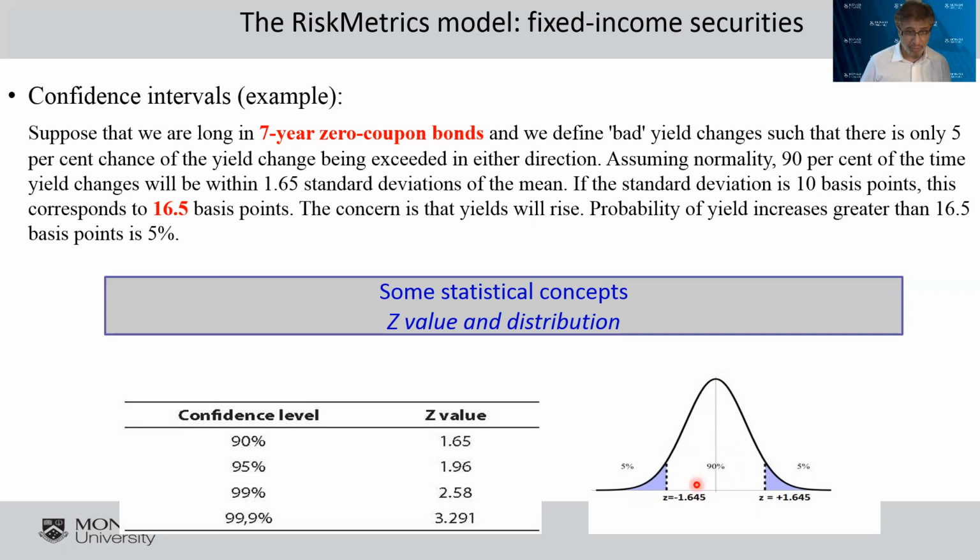So the z-value will be on the left, which is minus Z, or on the right, which is plus Z. And we are talking about 90% confidence, which means here is 5% out of this area, and here is 5% out of this area. So to calculate the Z from the tables or from Excel, it's 1.645.